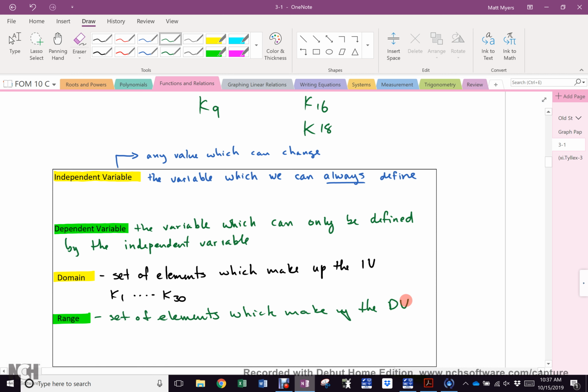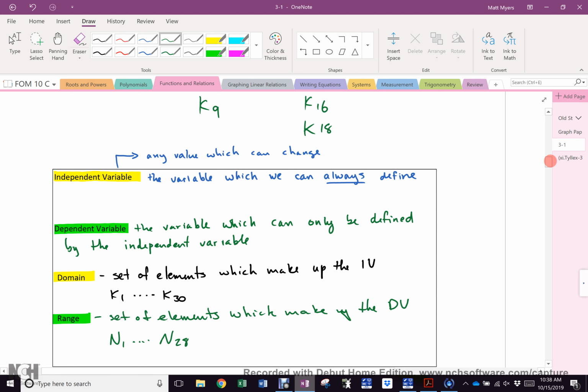Now in this room, how many names is that? 28, because we've got 2 Anmals and 2 Bradens, right? So there is name 1 up to name 28. Is everybody with me?